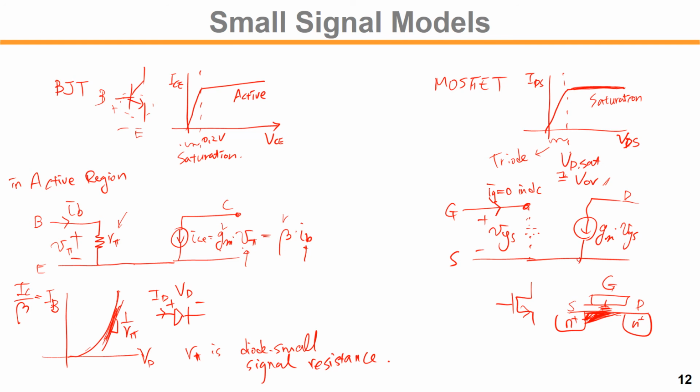So we have a transconductance GM here. Comparing left and right, the MOSFET is simpler in terms of the absence of Rπ, but for circuit analysis, if you are familiar with basic RLC circuit analysis, it will not be that difficult to consider that Rπ in BJT and non-zero IB current.